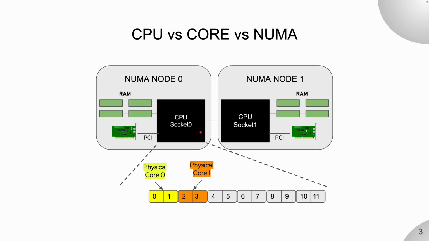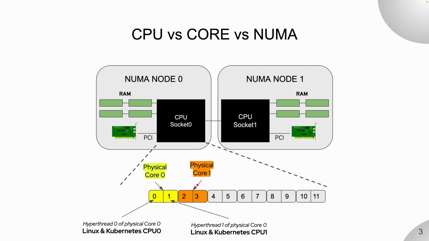Now if we look at CPU socket 0, this chip embeds a lot of what we call cores, physical core 0, physical core 1, and those cores are composed of two hyperthreads: hyperthread 0 and hyperthread 1 of physical core 0 belonging to CPU socket 0.